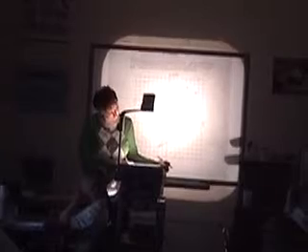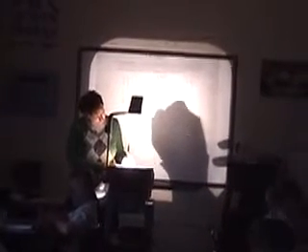Okay, what about D? What about D? Where's going to be the image of D? Morgan? 6, 4.